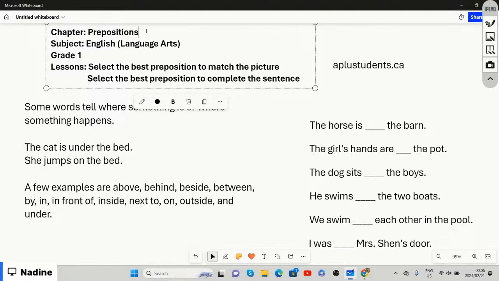The lessons that we are focusing on are to select the best preposition to match the picture, and to select the best preposition to complete the sentence. We are doing our tutorial lesson on aplusstudents.ca.